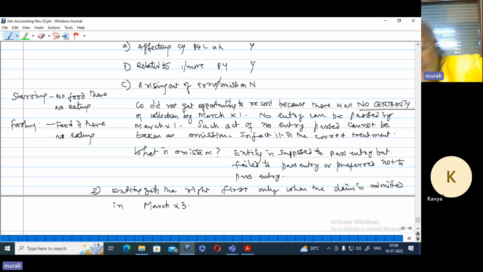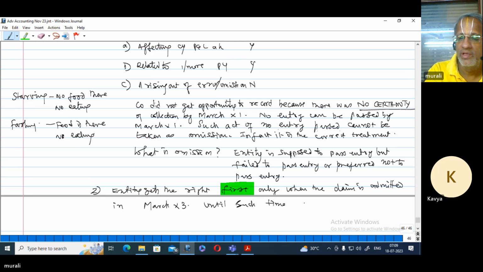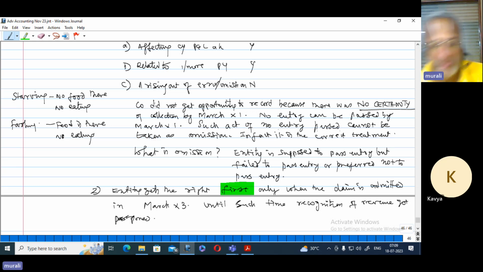Entity gets the right first only when the claim is admitted. So, until such time, recognition of revenue got postponed. Are you understanding, all of you?